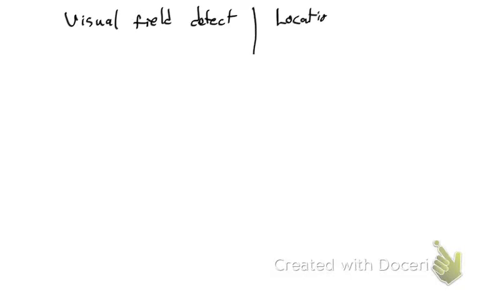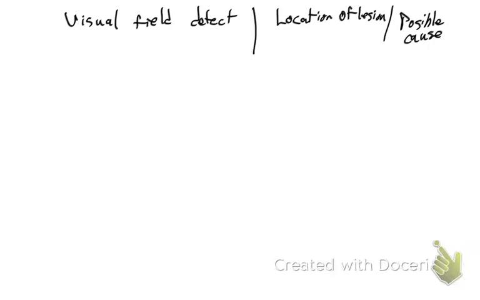We're going to see the visual field defect, the location of the lesion, and then the possible causes. With that in mind, we can move on.